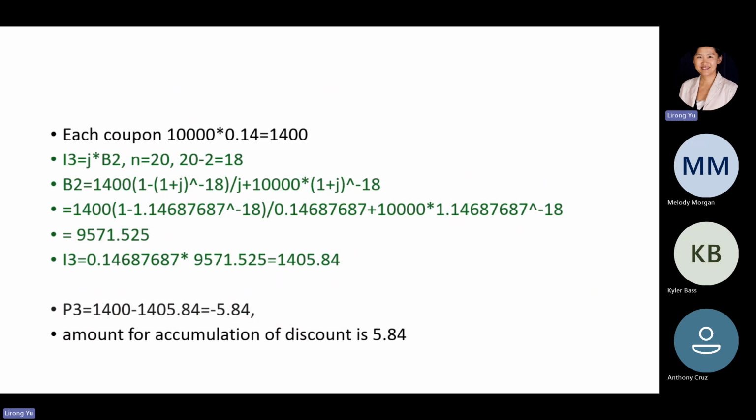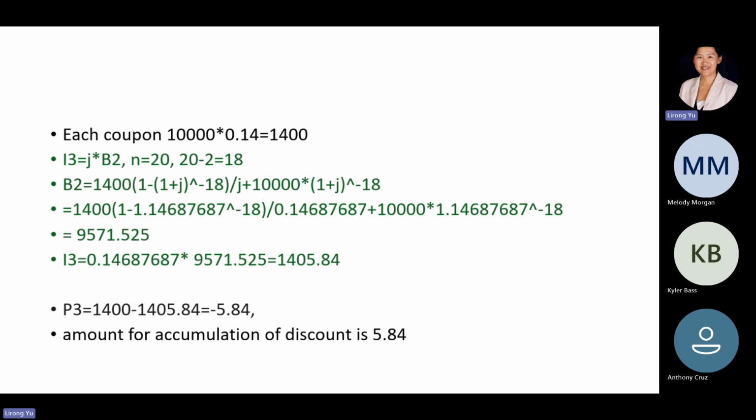If you want to calculate I3, the interest in the third coupon payment, that means there are already two coupons paid. You calculate B2 multiplied by the interest rate, the one we just solved.